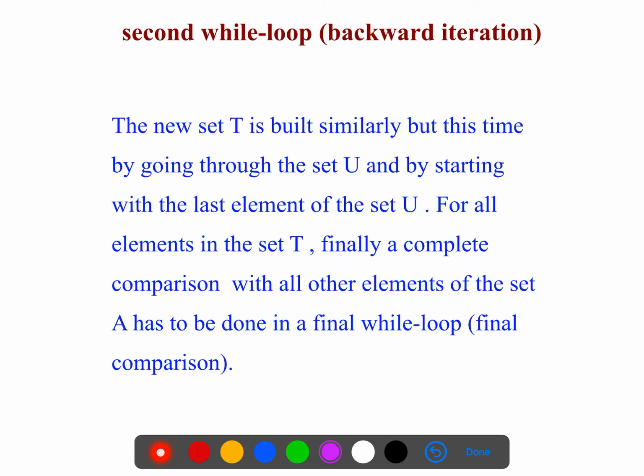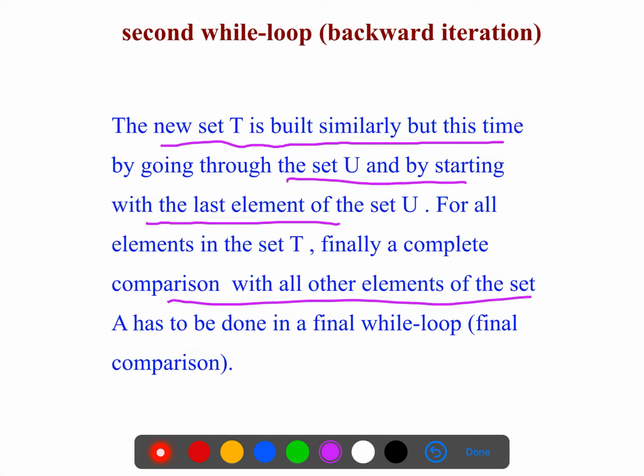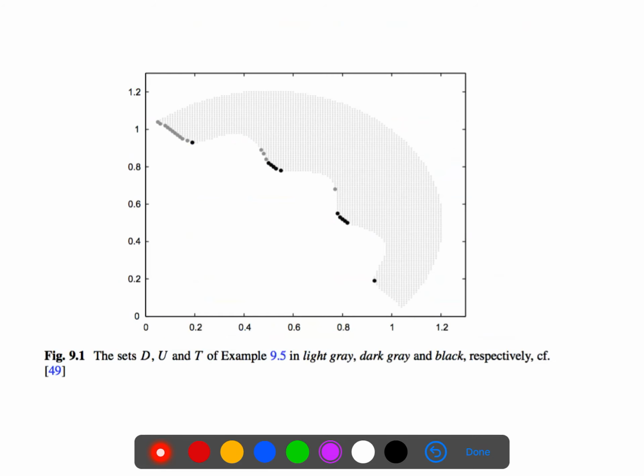And in the second loop, which is the backward iteration, we have a set T. The new set T is built similarly, but this time by going through the set U and starting from the last element. In the forward pass, we go from the first element to the last element. Now we go from the last element to the first element. So for all elements in the set, finally, a complete comparison with all other elements of the set A has to be done in a final loop.